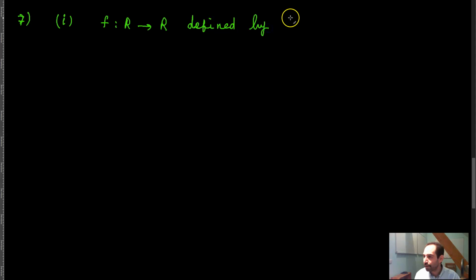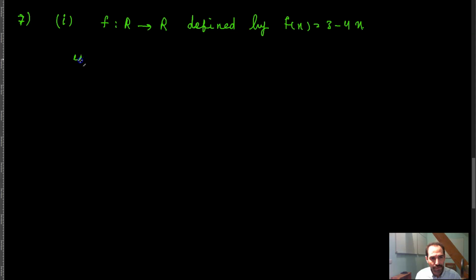So for example, part 1 of number 7 is basically f is a function from R to R, defined by f of x is equal to 3 minus 4x, right?